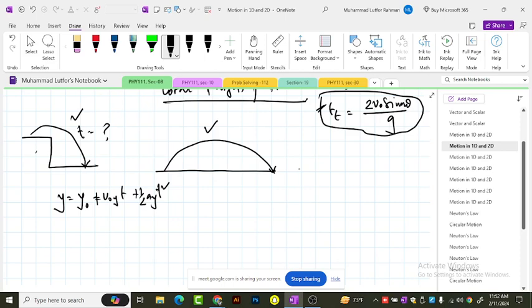How? If you think about this case, what is the ideal situation? This is actually total time of flight. Let's say I choose my origin from there, then what should be my y naught? If we start from the origin, let's say I throw the particle from my origin, then what should be the y naught? This is my y. 0, sir.